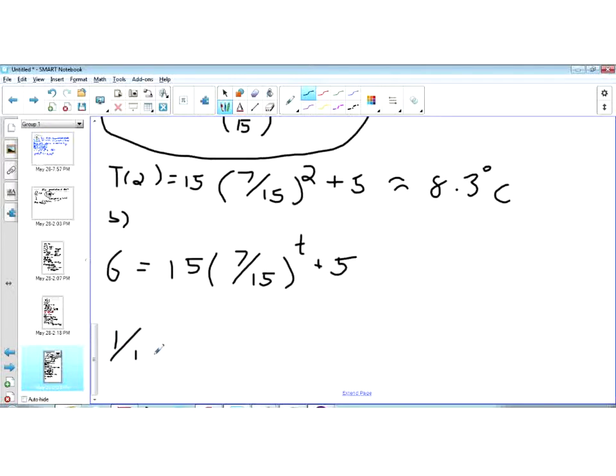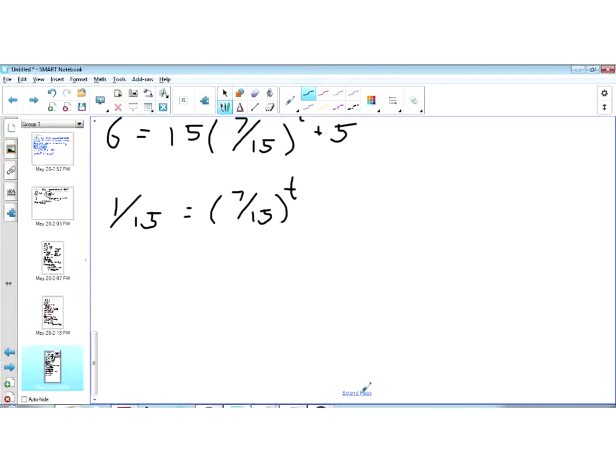Now we need to solve for T, so we have 1/15 is equal to 7/15 to the T power. Then take the natural log of both sides.